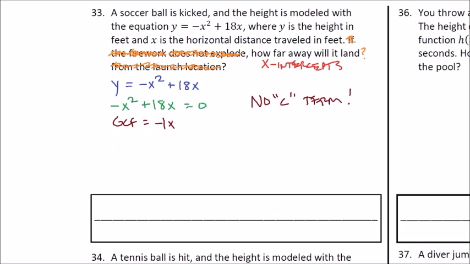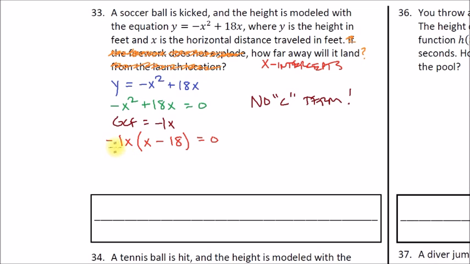So we're going to pull out negative 1x. I could just write negative x, but if you want to write negative 1x, that's totally fine. So we're going to pull out negative 1x. We're left with x. Negative 1x times x is negative x squared, and we're left with negative 18.